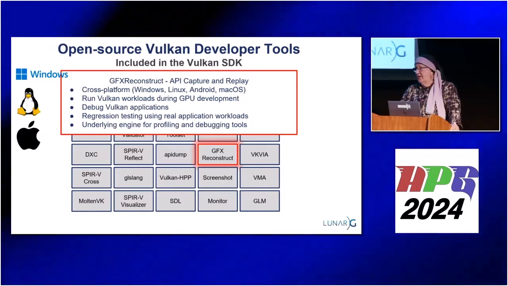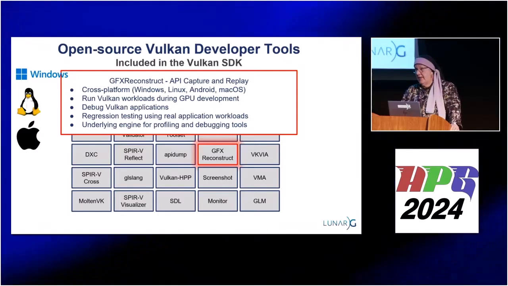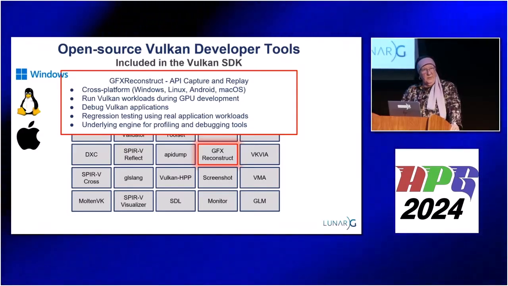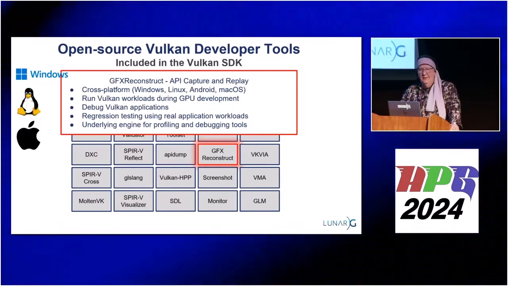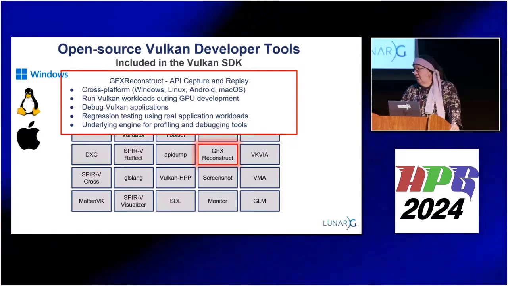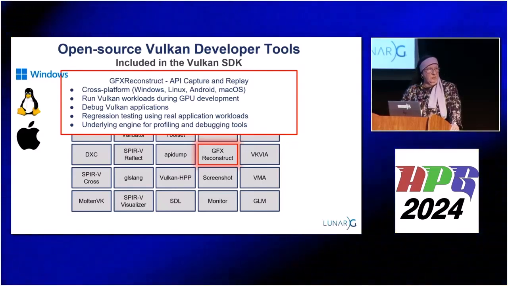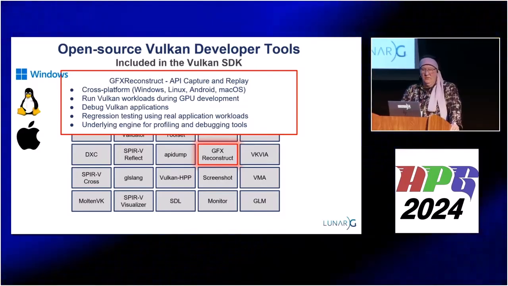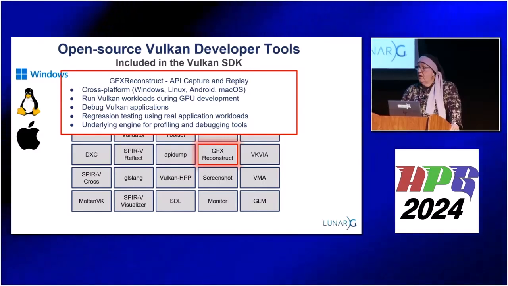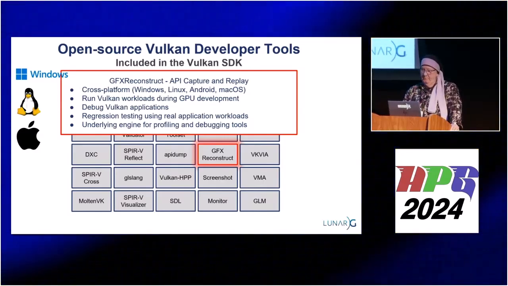We know ISVs use it to get a capture of a bug they have and either submit that to an IHV if it's a driver bug or to debug within their application. What did I do wrong? It's used for regression testing. We use it extensively for regression testing inside of LunarG because you can capture real application workloads to use those as a basis for a bunch of testing. And it's also becoming an underlying engine for many debug tools that are under development today.